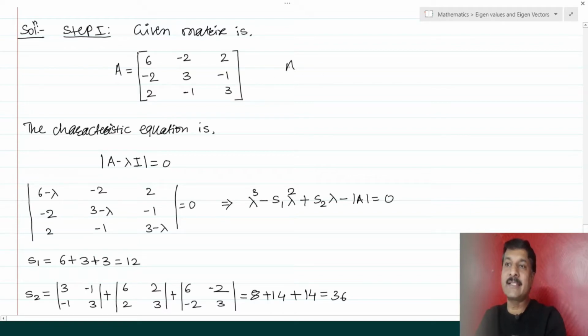So what is A transpose? If we write A transpose, I am getting the first row 6, minus 2, 2, second row minus 2, 3, minus 1, third row 2, minus 1, 3. And we get the same. It means that A equals A transpose here.